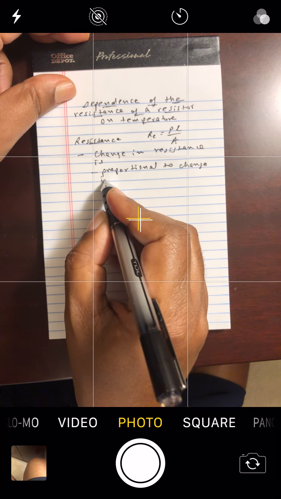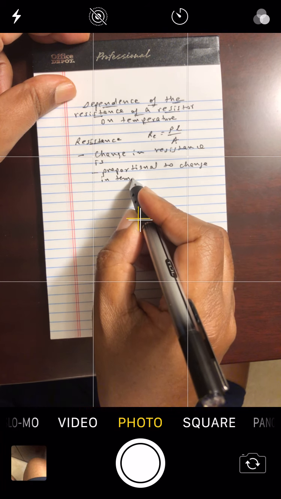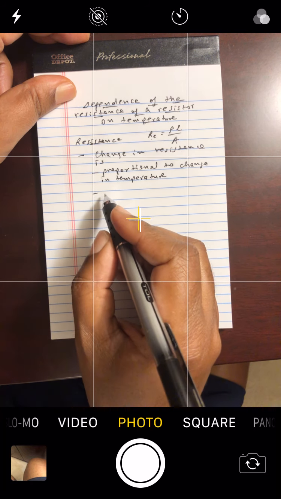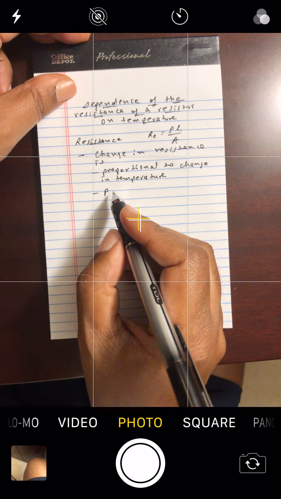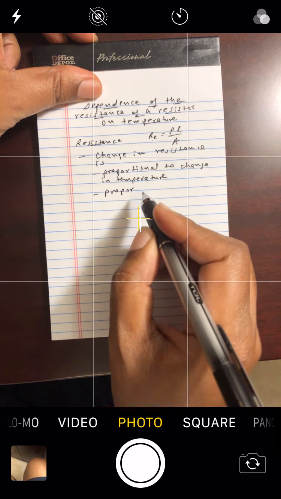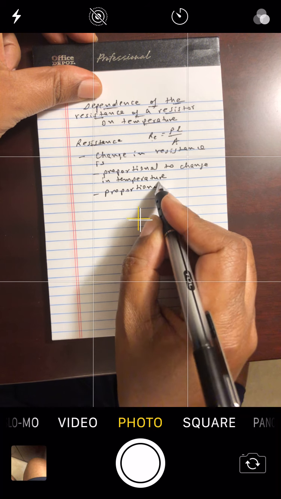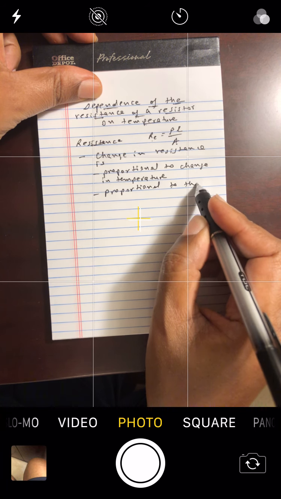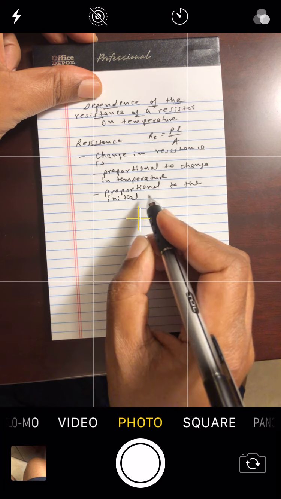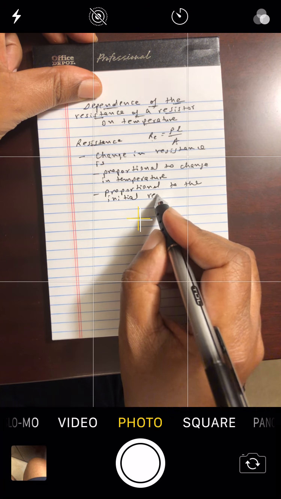It is also proportional to the initial resistance, that is, the resistance before the change in temperature.